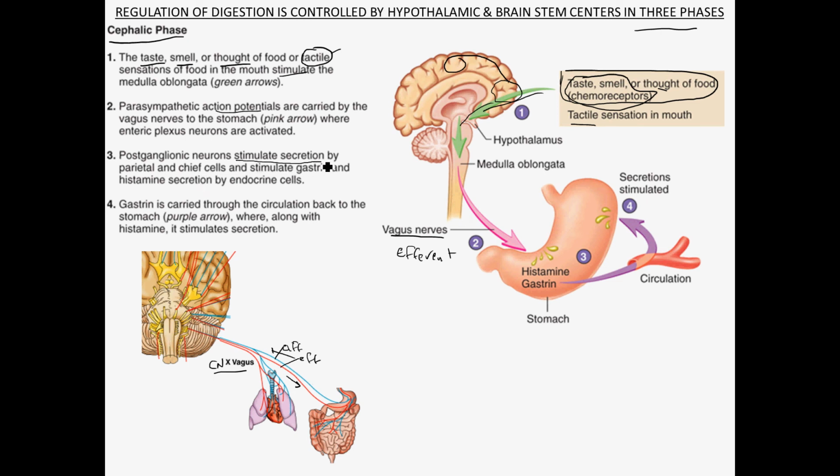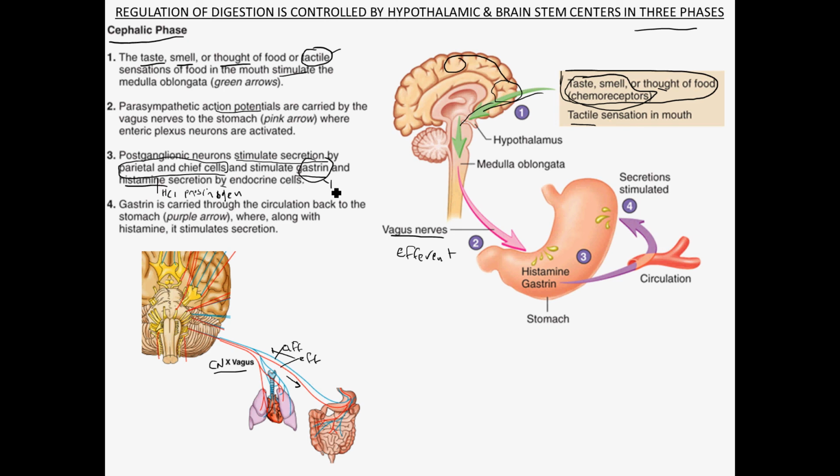One, secretion by the parietal and the chief cells, which will be producing the hydrochloric acid and the pepsinogen, respectively. And then also will stimulate gastrin and histamine. Histamine not discussed in the other one, but we're going to focus here just on this gastrin.